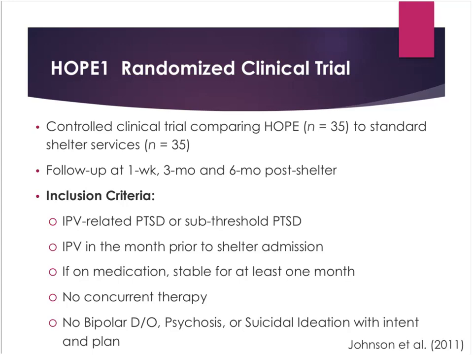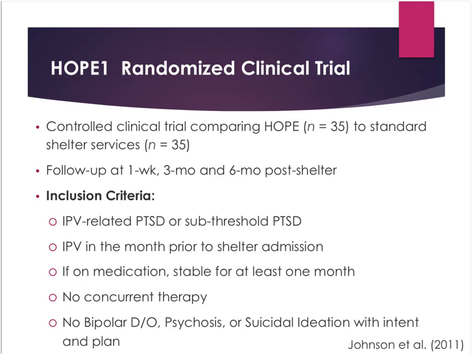Again, since HOPE is really focused on women who have safety concerns and have recently left a relationship or potentially still have one foot in a relationship, we wanted the abuse to be recent to their shelter admission, so all women had abuse in the month prior to coming to shelter.